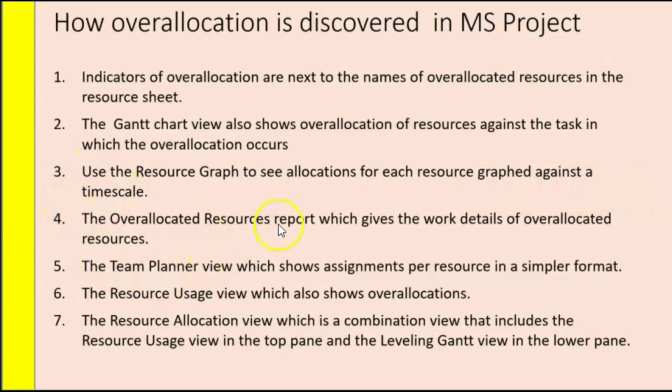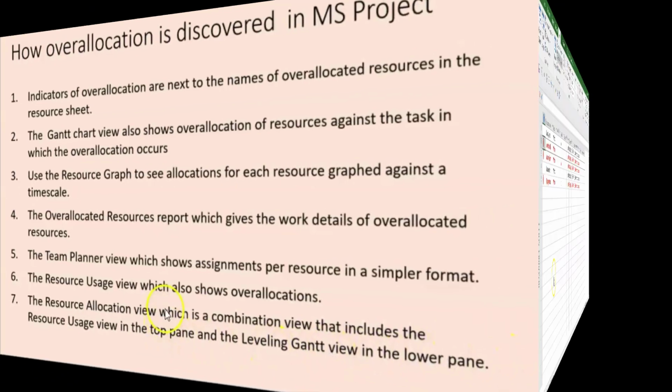The overallocated resources report gives the work details of overallocated resources. 5. The team planner view shows assignments per resource in a simpler format. 6. The resource usage view also shows overallocation. And 7. The resource allocation view, which is a combination view that includes the resource usage view in the top and the leveling Gantt view in the lower pane.